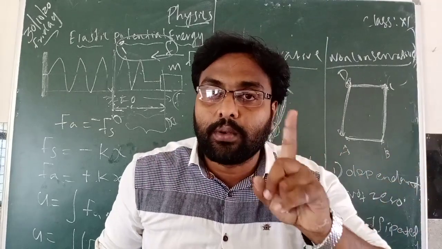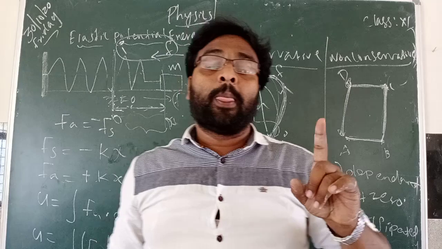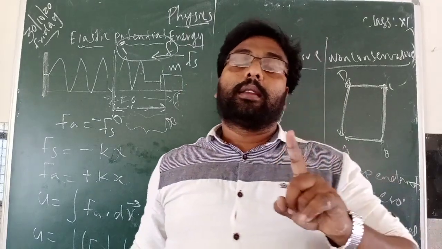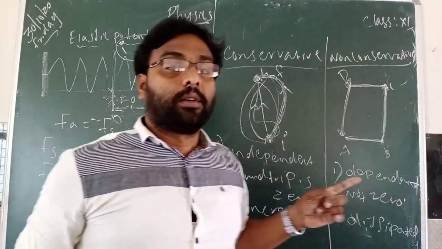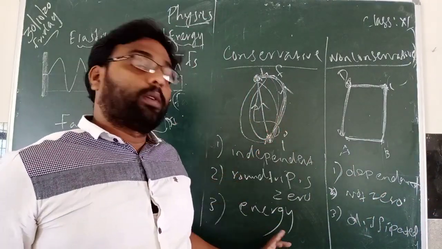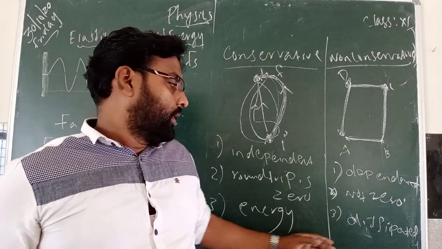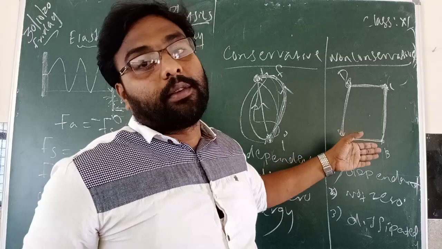Law of conservation of energy: energy cannot be created or destroyed, but it can be changed from one form to another form. That is what happens here, the total energy remains the same. Here energy is dissipating because work done is different.